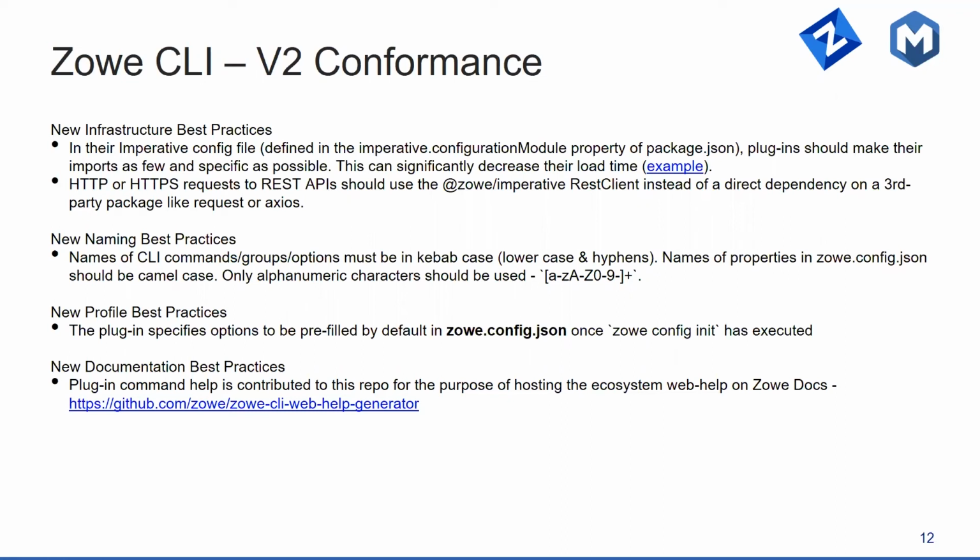HTTP or HTTPS requests to REST APIs should use the imperative REST client instead of implementing your own. You'll get advantages here. One, all the other plugins are leveraging this REST client. So if there are any issues, we'll resolve those and everybody will benefit. The other one is, again, if there's some sort of vulnerability discovered, it will be addressed just in the one location versus everybody needing to adjust.